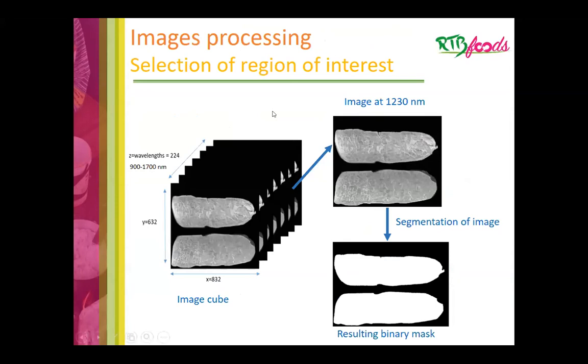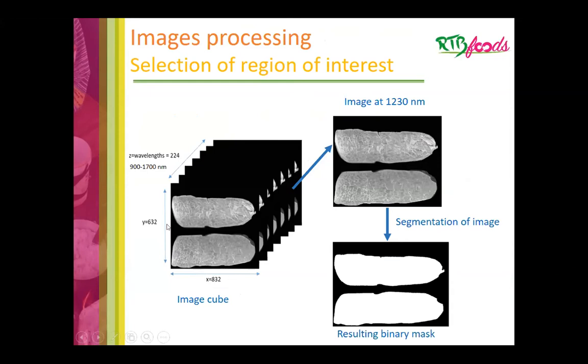The next step, when we acquired our hyperspectral images, is the selection of the region of interest. Firstly, you need to know that the hyperspectral image has the cube shape.